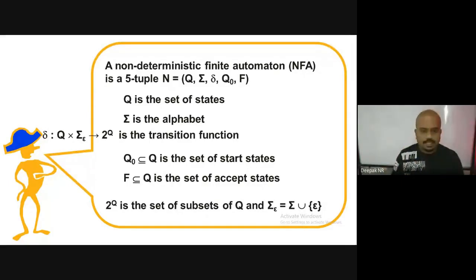But if you observe delta properly, here delta maps Q cross sigma to 2 to the power of Q. I mean to say, if I take any state, there may be n number of possibilities, and hence we get 2 to the power of Q as the transition function in an NFA diagram, where Q naught represents the starting state and F represents the final states. Clear? Where 2 to the power of Q is the set of subsets, where Q and sigma is the union of it. Clear, guys?